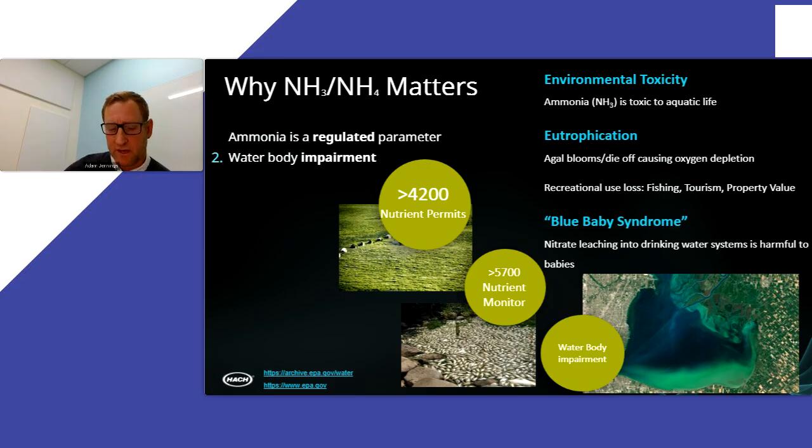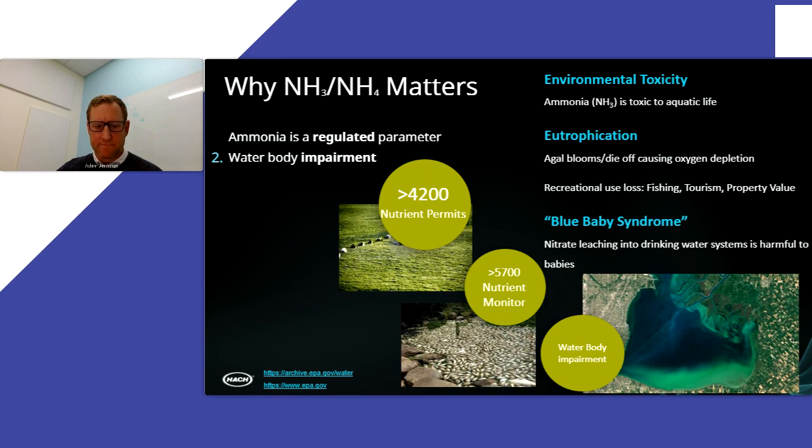So we have 4,200 permits in the U.S. as of a few years ago that have nutrient regulations, whether that's phosphorus or nitrogen forms, species. And then an additional 5,700-ish, some of those have been converted into actual permit regulations at this point. So I think this 4,200 is probably on the low side. And these are all just designed to help our facilities match and meet good environmental regulation for the wastewater that's coming out of them, so that we're not causing these problems, environmental toxicity, eutrophication, and things like that.